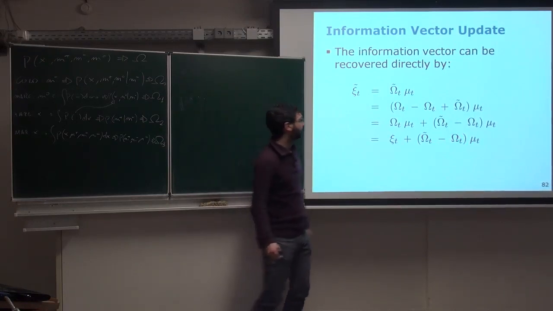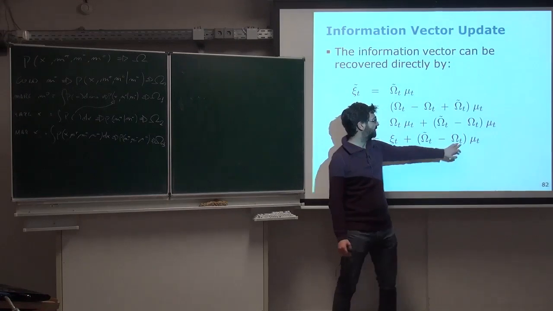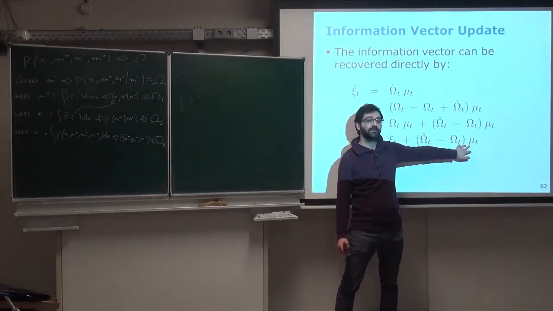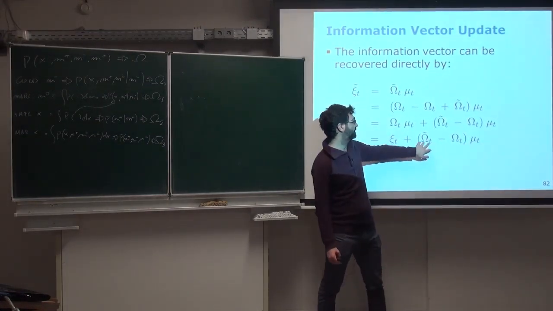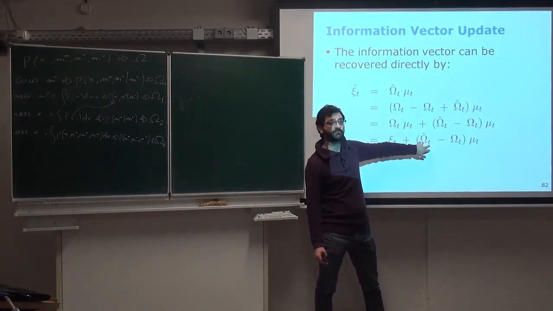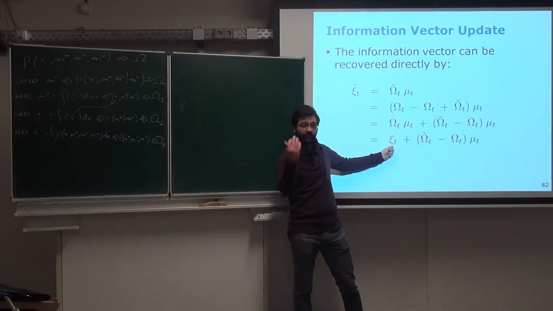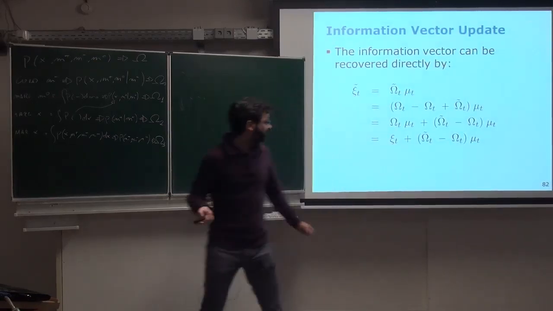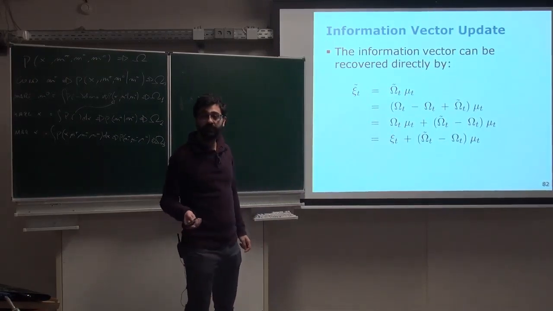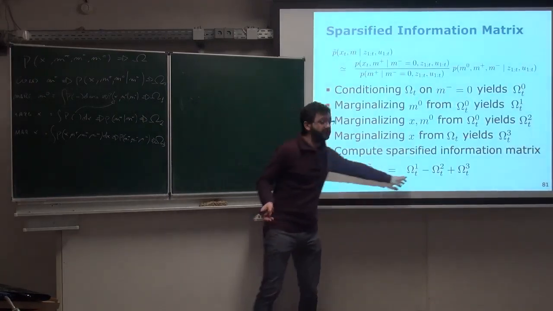Okay? So this is basically saying I remove the information of the mean that I had before, and I add the new information of the mean. So that's what this thing is saying. And then I take the previous information vector that I had.